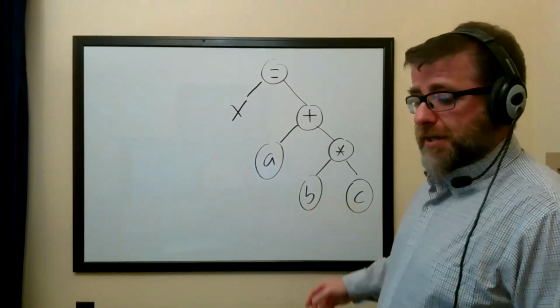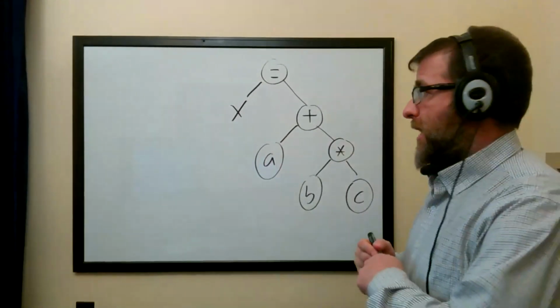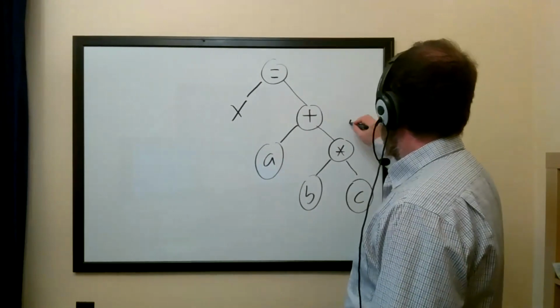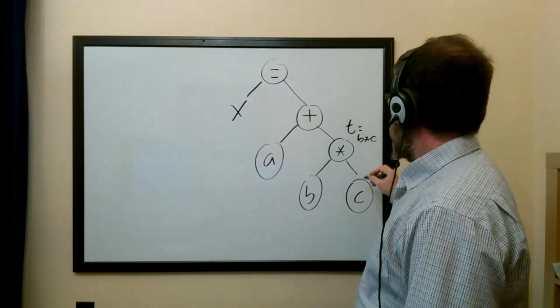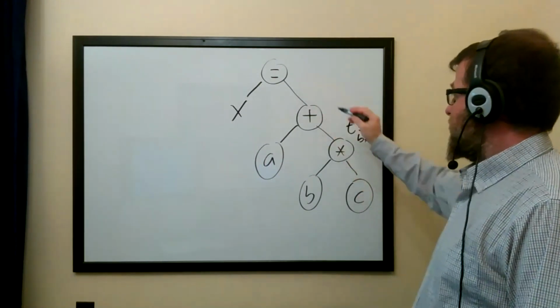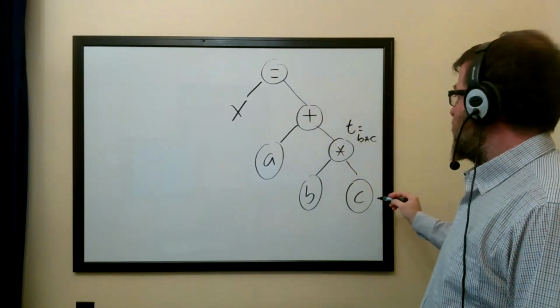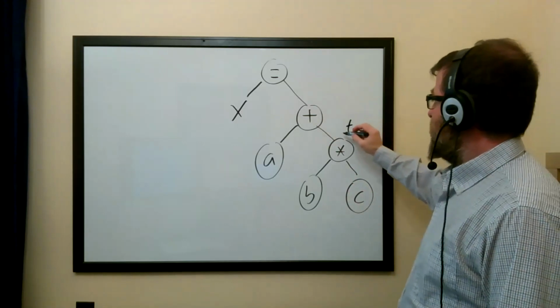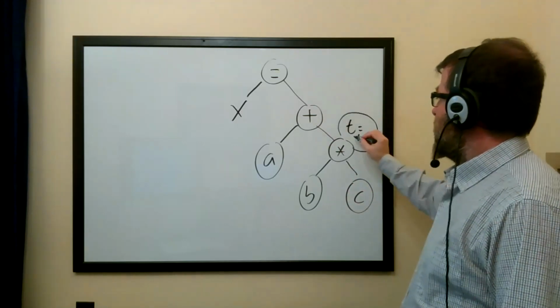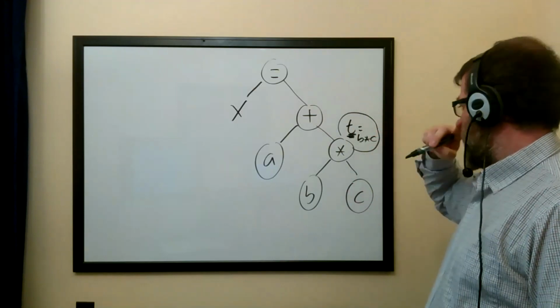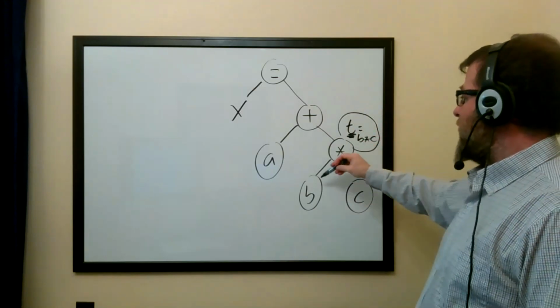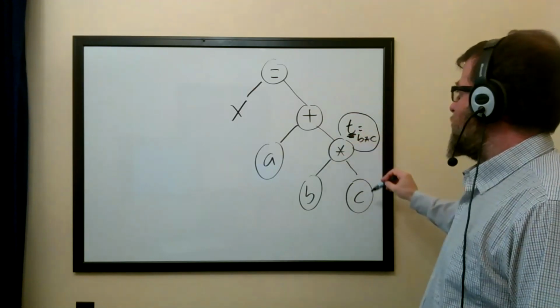Essentially here you have t, which is equal to b times c. As you are parsing or traversing the tree, you start having temporary results that store the values of an entire subtree.